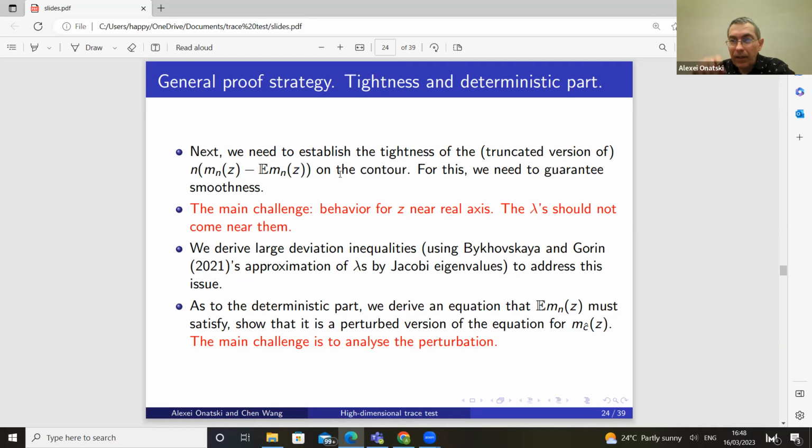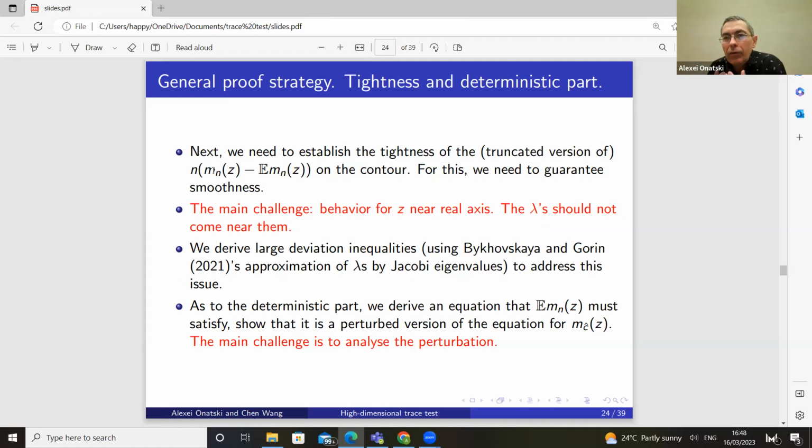And then in the Stieltjes transform, remember, lambda minus z is in the denominator, and z can be anywhere on the contour. If lambda is close to the contour, then lambda minus z is almost 0, and I'm dividing by 0, and things explode all of a sudden.